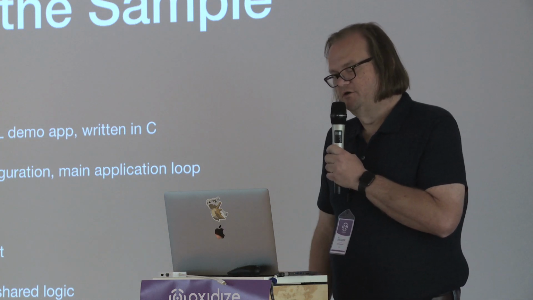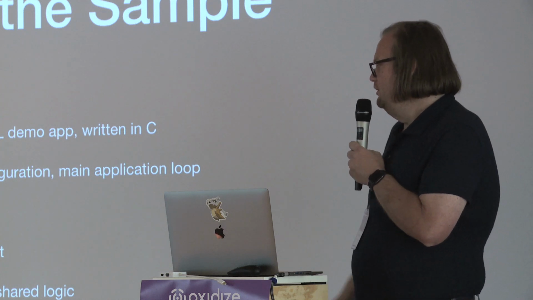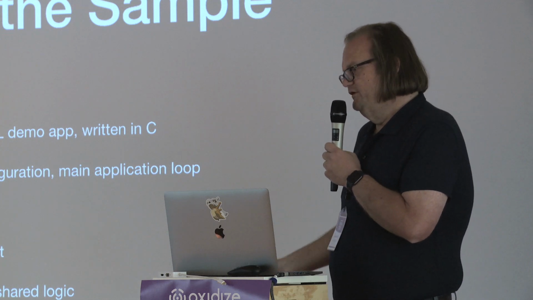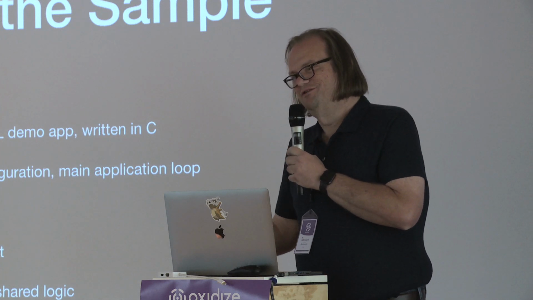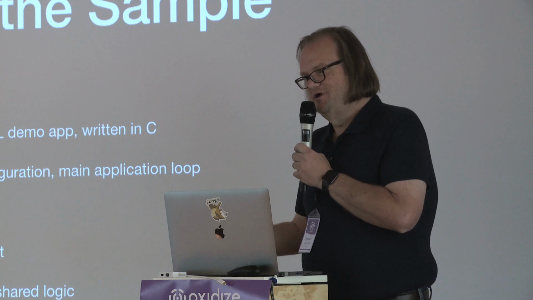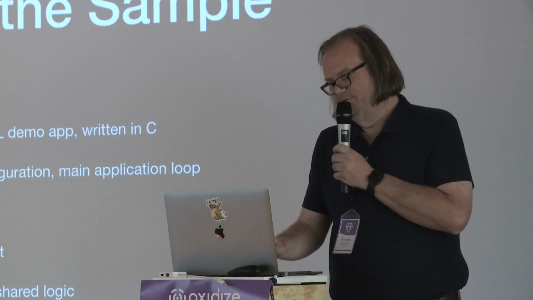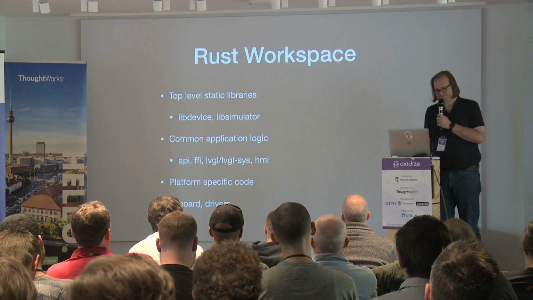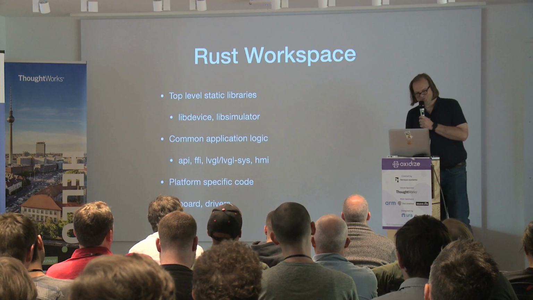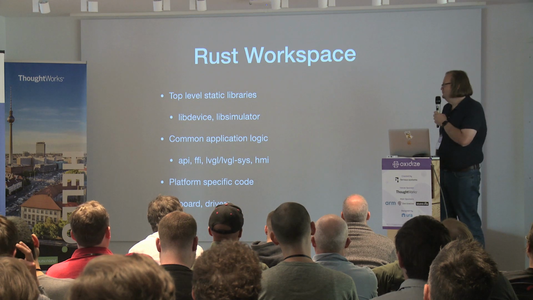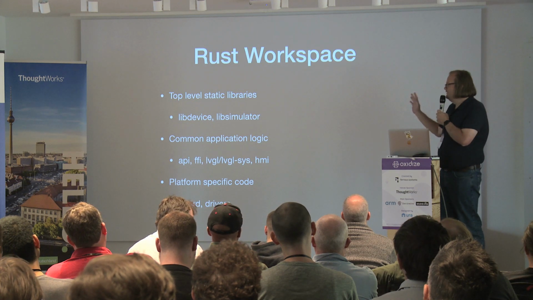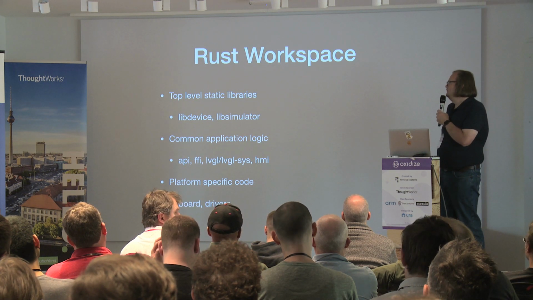And then we have a final piece of this, which is our Rust workspace. This contains all of the shared code that's used by both the simulator and the embedded device, as well as some additional platform-specific libraries. Digging a little deeper into the Rust workspace, we basically have three different kinds of crates.